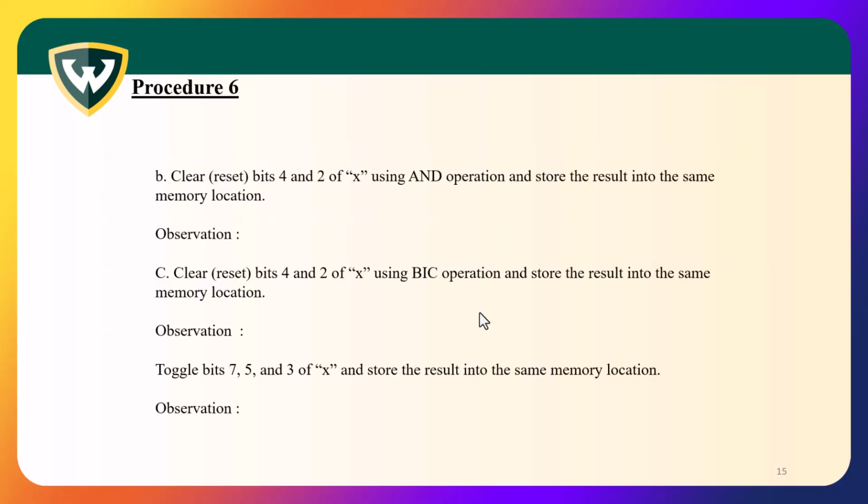And then B is to use the clear operand, which is going to clear bits 4 and 2 of x using the AND operation. You're going to reset bits 4 and 2, perform the AND operation, and store the result in the same memory location. The same is going to be done in C, but in this case we're going to use the BIC operation, bitwise clear.